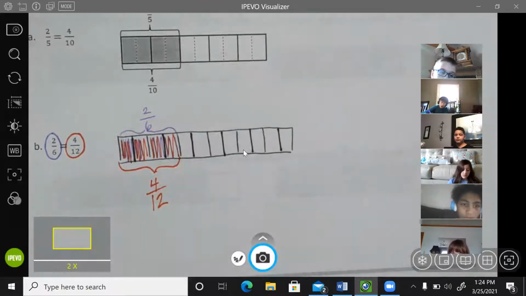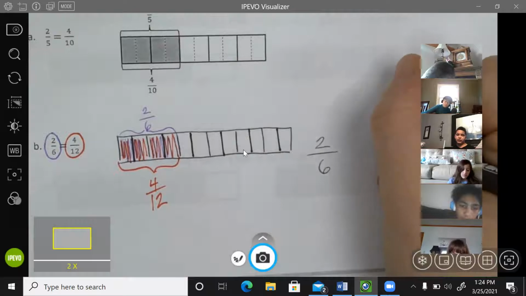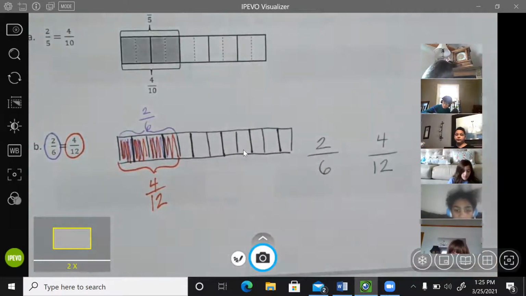So Brooklyn, you're going to help me write an equation to prove this. We have 2/6 and 4/12. Would you like to start in the numerators or the denominators? You're muted, honey. The numerators.